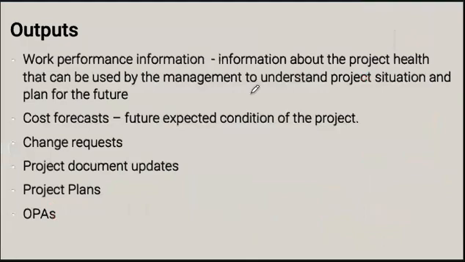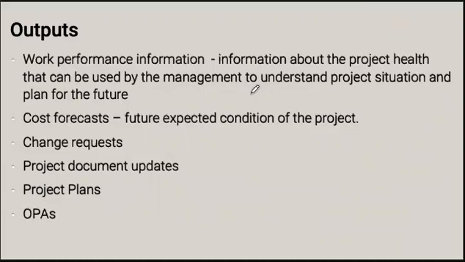And now, if you remember, we have 5 outputs for this process, and the key output is the work performance information that tells us all the relevant project health information that we could then use in order to react to what's happening in the project lifecycle.